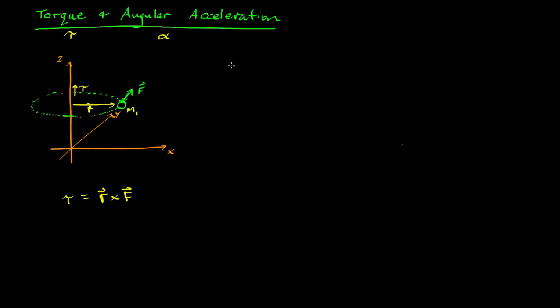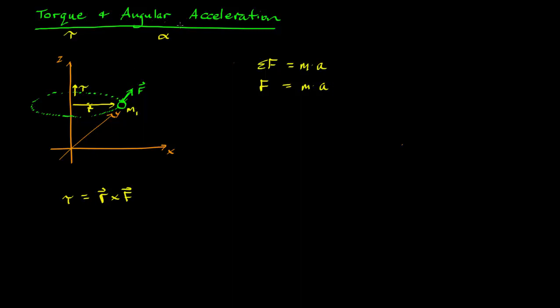To derive this, we'll start with our familiar net force is mass times acceleration. The net force acting on this is just going to be this tangential force, so we'll just call it a force. And then we have our mass times acceleration. This acceleration, though, is linear. That's the tangential acceleration.